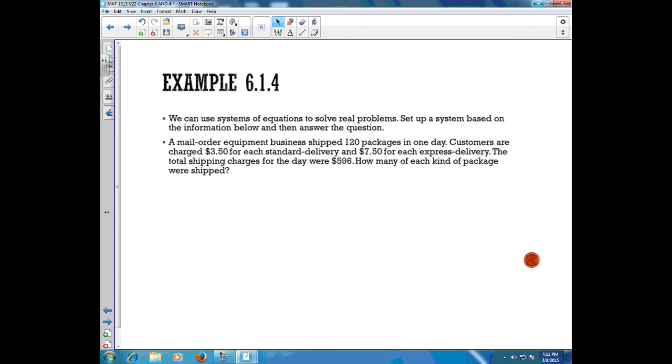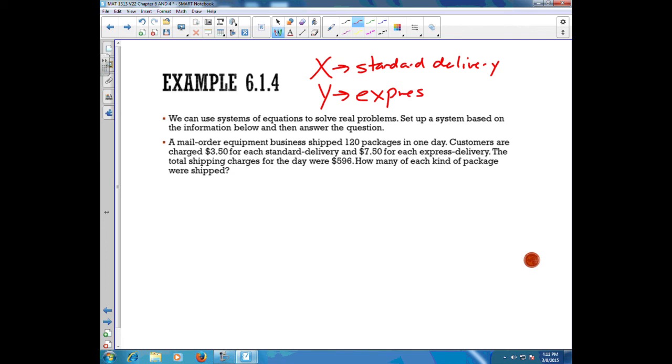First of all, let's assign variables to the things we're trying to learn. Let's say that x is our standard delivery, and y is our express. So now that we've got letters assigned to these things, we're trying to figure out the number of each one, so we want to solve for x and y.